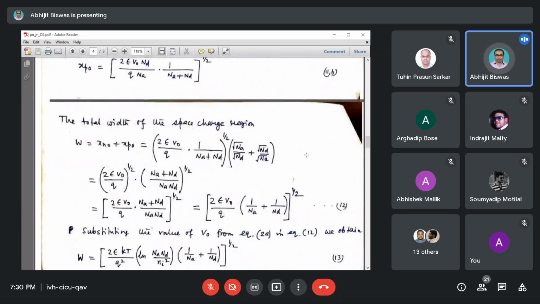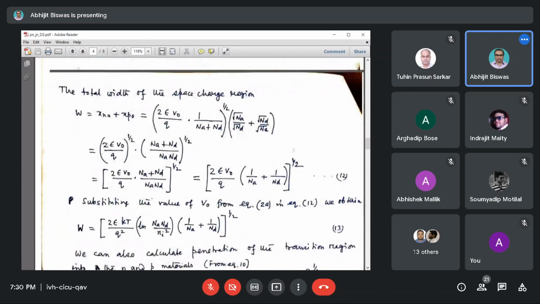So the total width of the space charge region is the sum of Xn0 and Xp0. That can be expressed in terms of contact potential and the doping concentration on both sides of the junction.